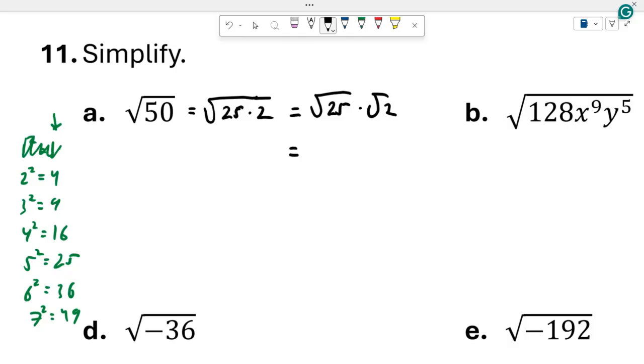So the square root of 25 is 5. And then root 2, there's not a whole lot you can do about that. Root 2 is irrational, but you also can't simplify it, so it's stuck underneath the square root. So my final answer for number 1 is 5 root 2.